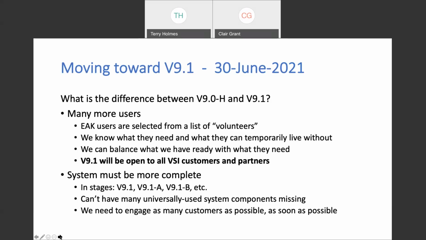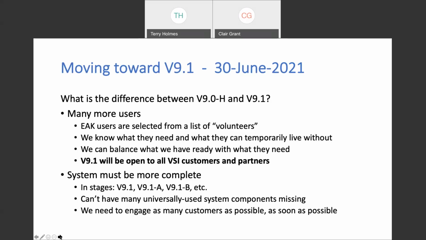Of course, part of that is the system needs to be a little more complete than it is now. And as we have done with 9.0, that will happen in stages. There'll be an initial 9.1, just like there was a 9.0. Then there'll probably be an A and a B and a C and who knows what else. But we'll gradually move towards the complete environment.